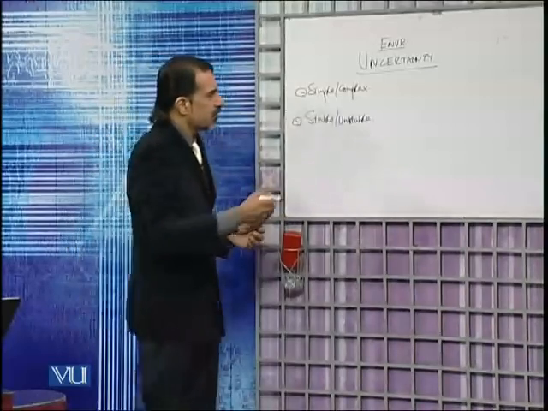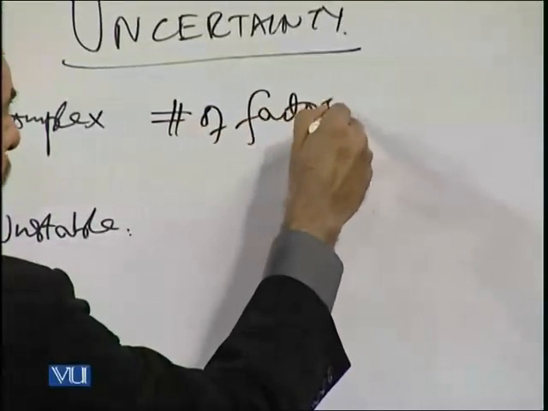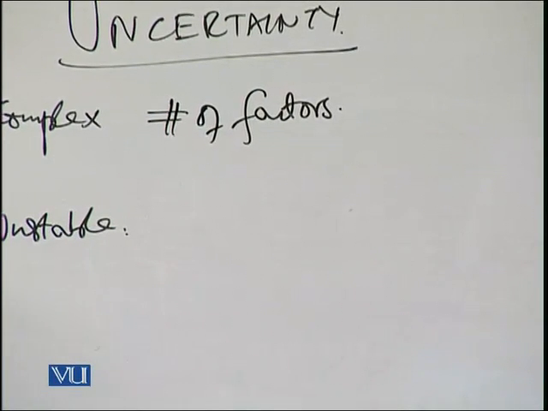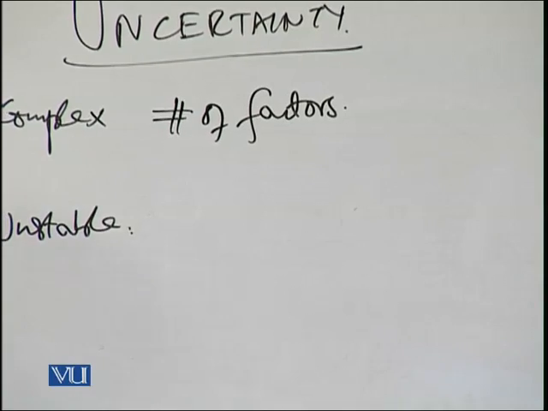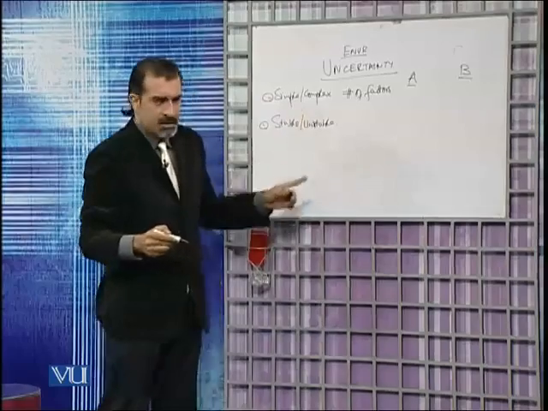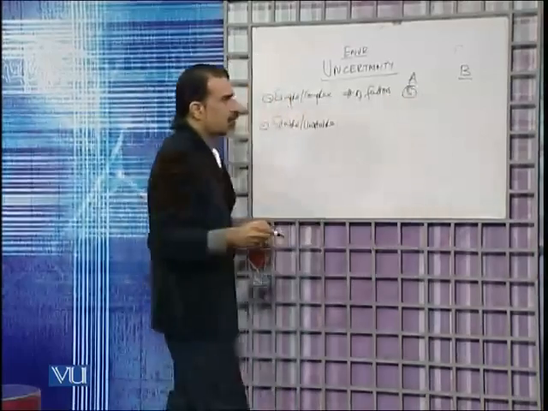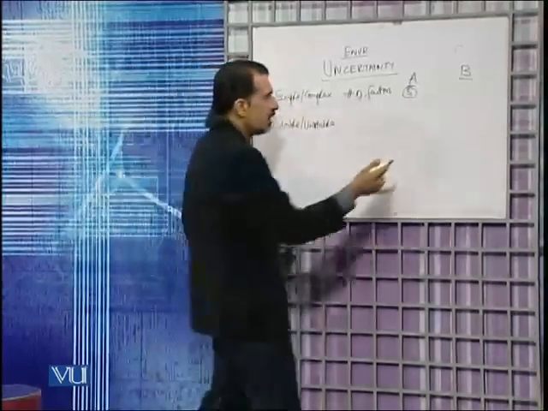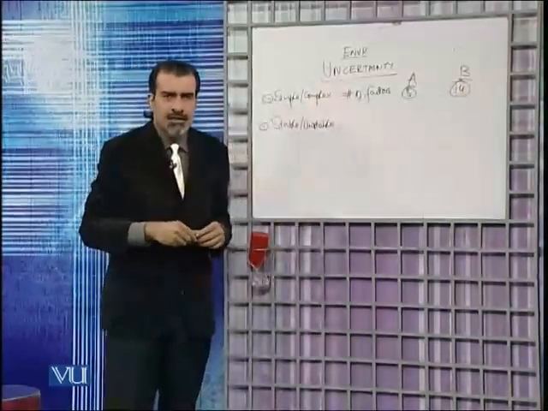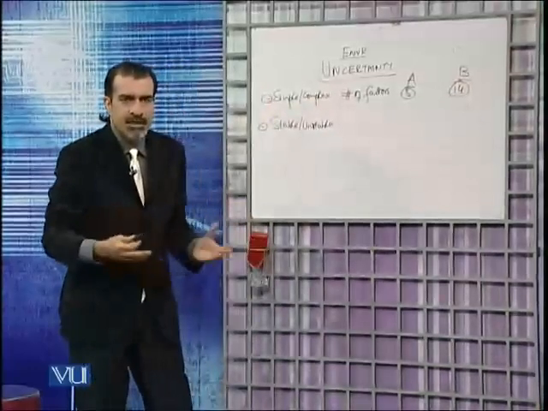We have already seen that many factors affect a company, and these factors are present in the environment. We gave you 10 sectors. Suppose we have a company A and a company B, and the number of environmental factors acting on company A is 5, whereas the number of factors affecting company B is 14. Which environment will be more complex? Obviously, the environment of company B will be more complex because more factors are affecting it.